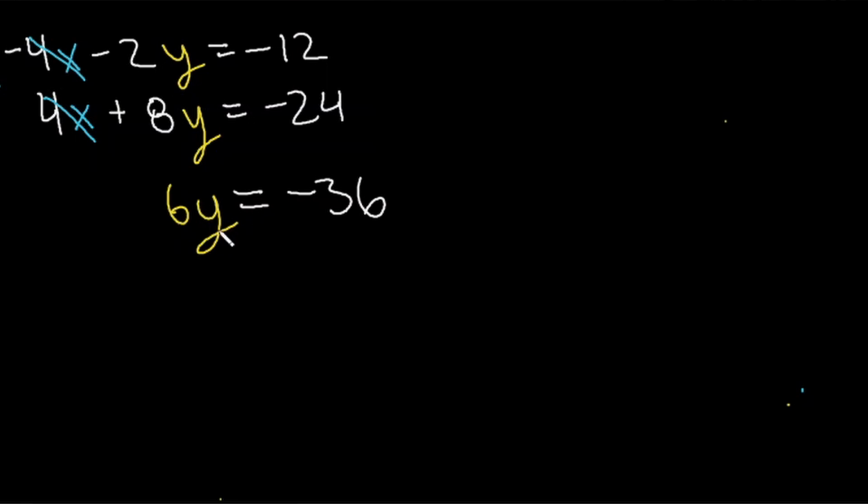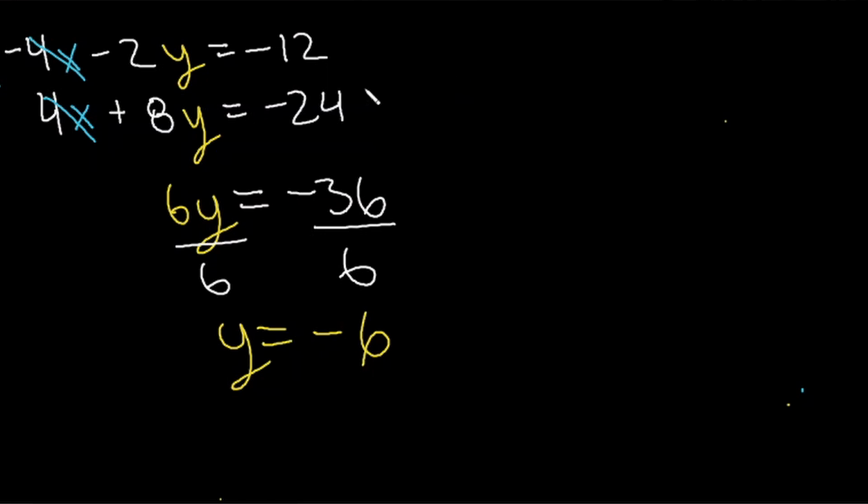If we divide both sides by 6, then we'll get y is equal to negative 6. And then we can plug that back into our original equation. So let's plug it into the first one up here.